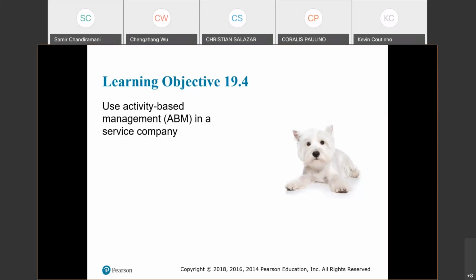Well, in the last class, I basically introduced how to allocate the overhead. As I said again and again, there are three major parts for manufacturing companies as the product cost.